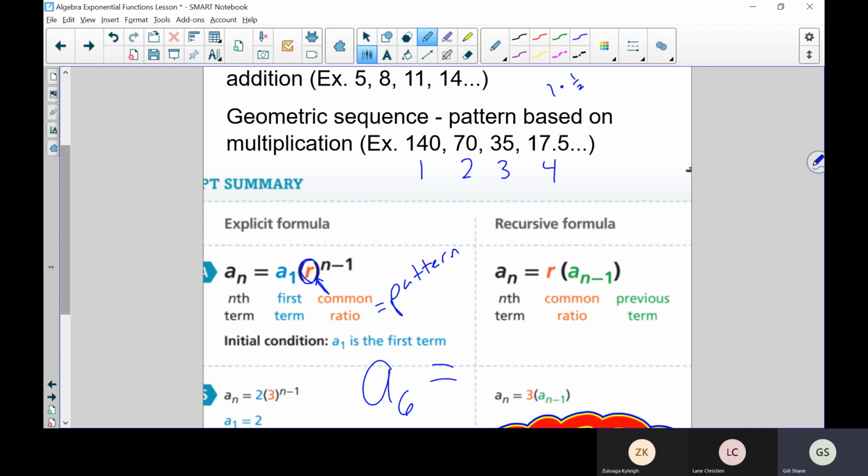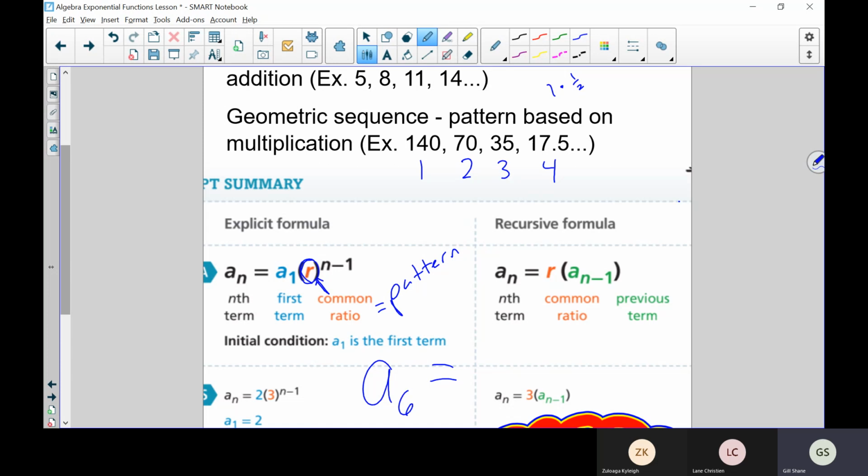Because in order to get the next term, that's actually what this formula is saying. In order to get what comes after that, I just take this and multiply it times the pattern. So this times the pattern will give me the next number, and then this times the pattern will give me the next number. All you're doing is multiplying times the pattern every time to get the next number.